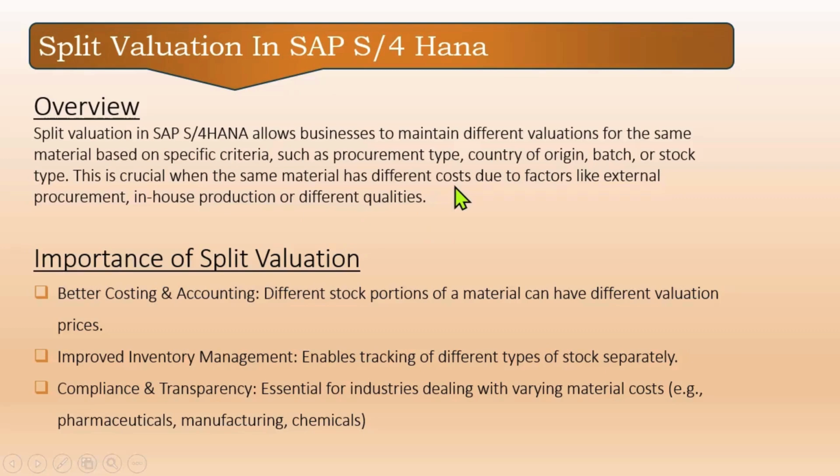Sometimes the material you buy locally will be cheaper, so you have one price. Then if you buy from abroad, the quality of the material is good, so naturally the price will be higher. So locally buying will have one price, and importing the material from a foreign country will have another price.